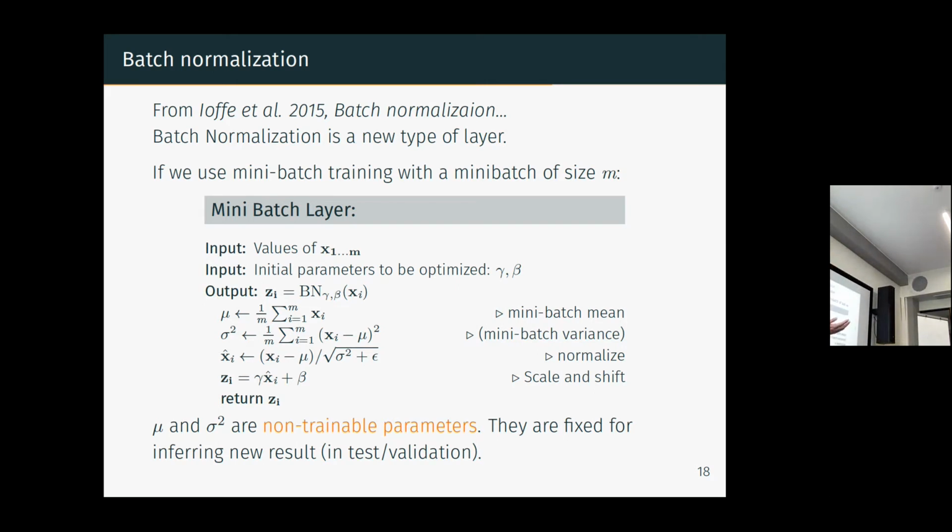If your batch size is 30, for example, you have the mean of the 30 samples and the standard deviation, and you scale the output using this mean and standard deviation. You also have additional scaling parameters, gamma and beta, which are optimized during the training.